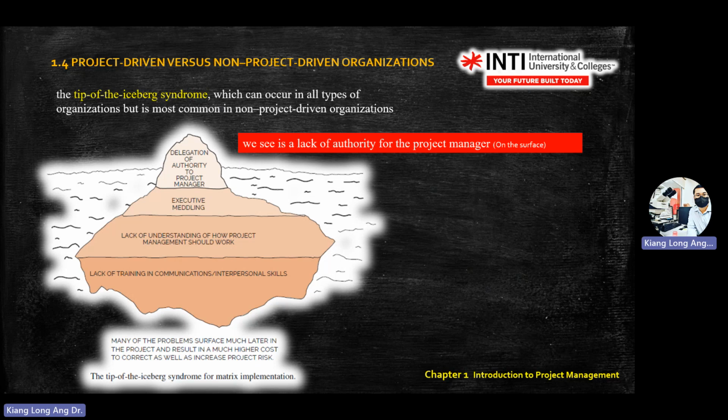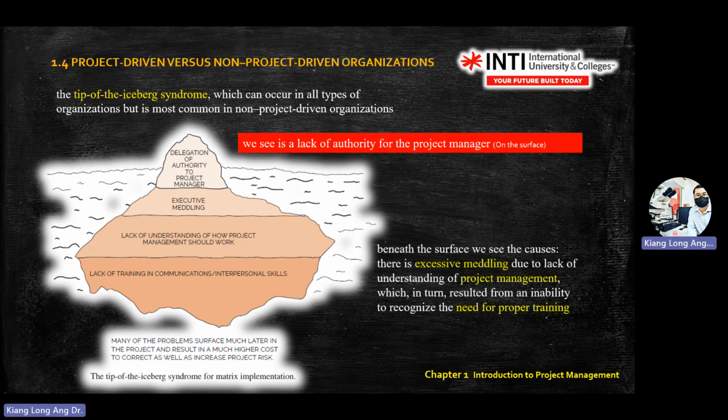The delegation of authority to the project manager is just a little bit, so you can only make decisions up to a certain level. Then beneath the water surface you see a lot of downfall, for example excessive manpower, because there is a lack of project understanding and project management, and you need proper training for all this. So this is the tip of the iceberg, meaning there are lots of problems below the surface.